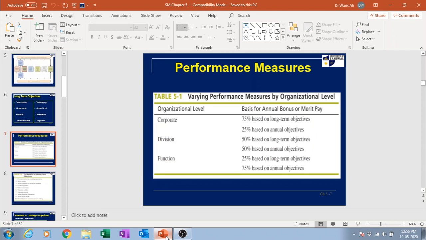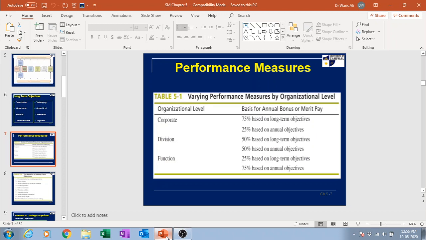Objectives can be set at different levels of organization, and we have three major levels: corporate level, divisional level, and functional level. Most of the objectives set at the corporate level, the top level, are long term in nature.